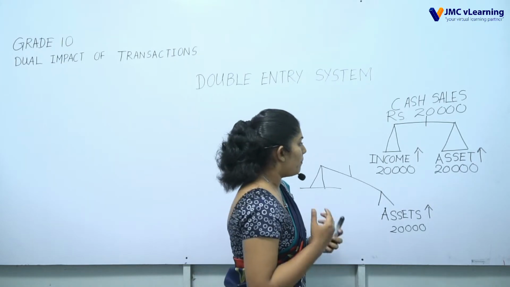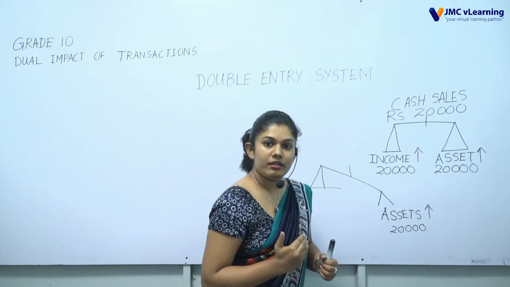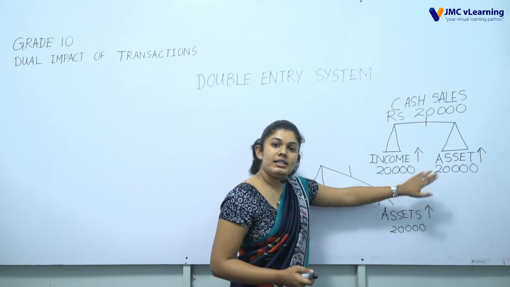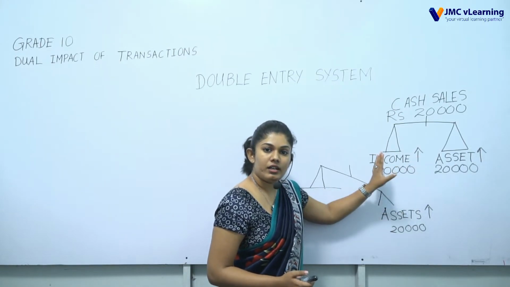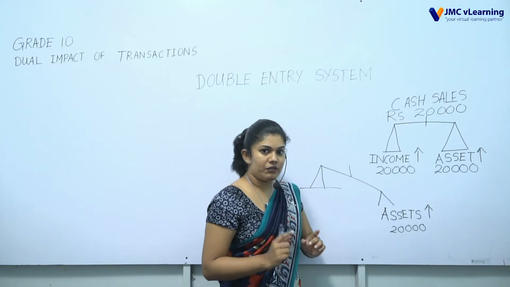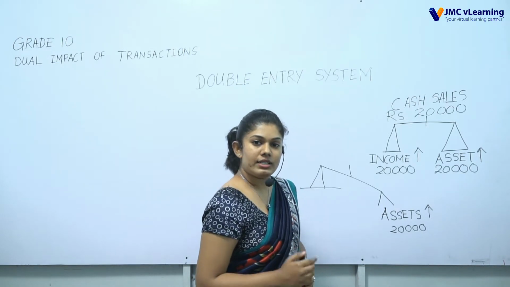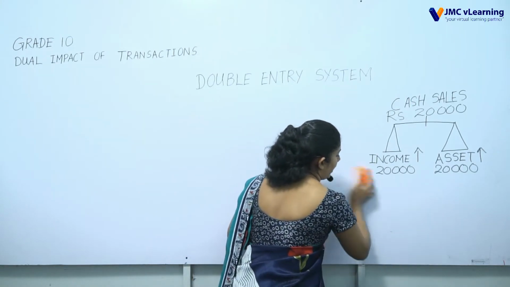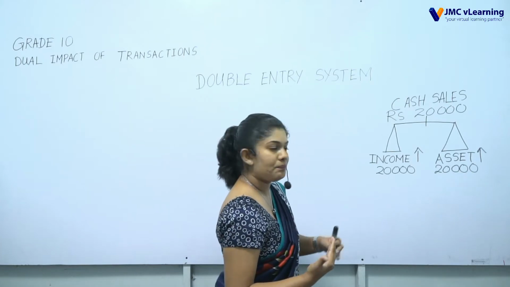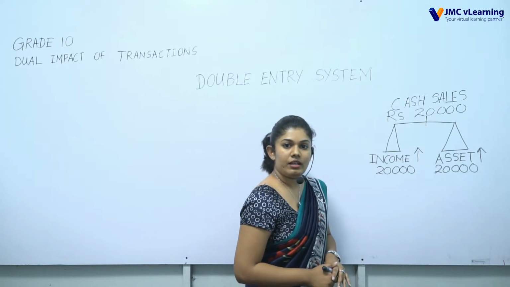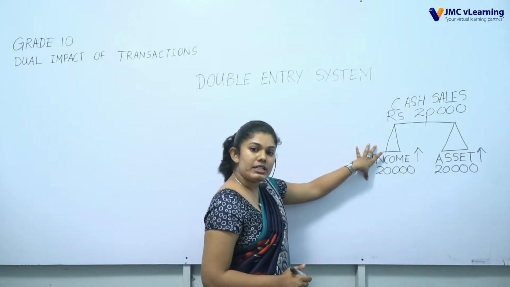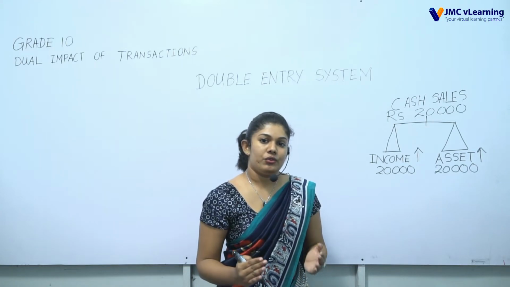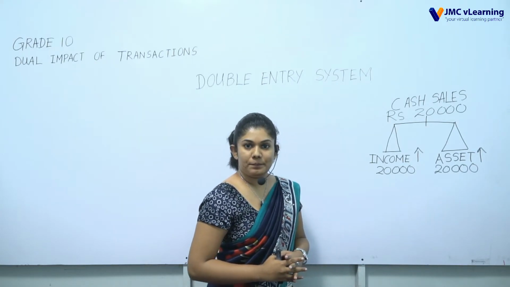Therefore, in this double entry system, we have to record these dual impacts in separate relevant accounts. Now there is a new term, account. What is an account? Here we have two separate elements, income and assets. For these separate elements, we have to maintain separate places to record transactions.